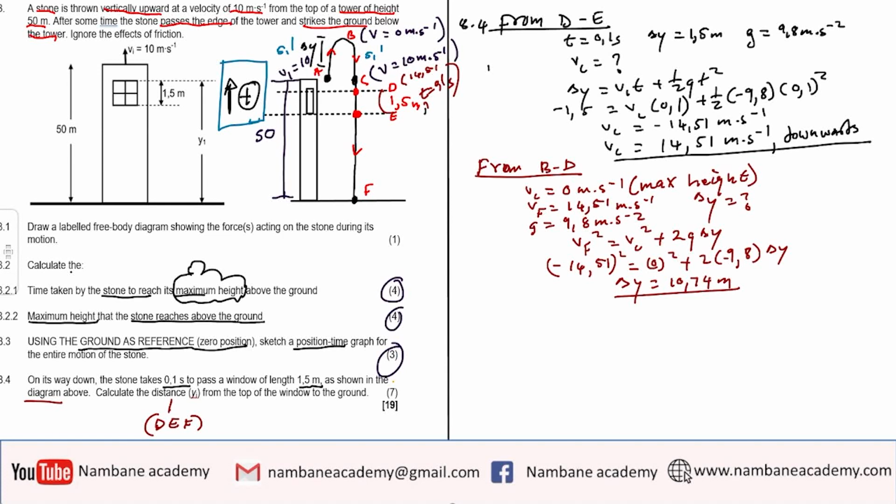Now let's check, ladies and gentlemen. BD, it's 10.74, which is BD there. So I know that the total height here is actually 55.1. Bonolo, is it correct from the previous slide?